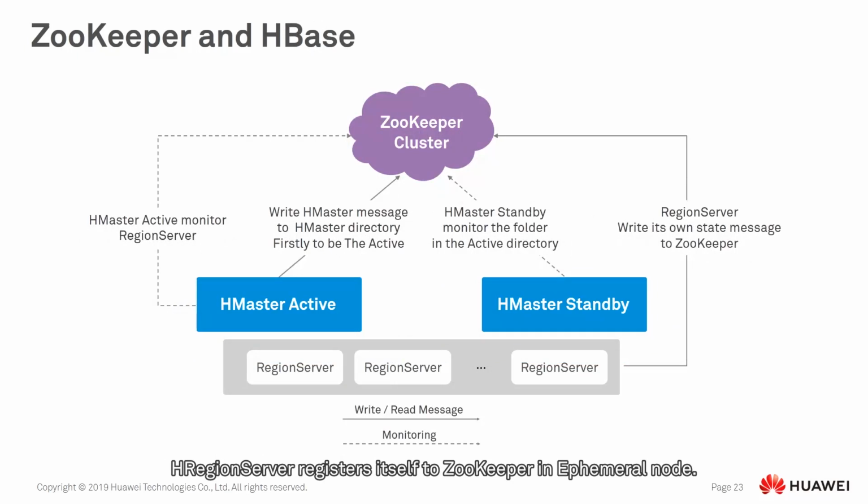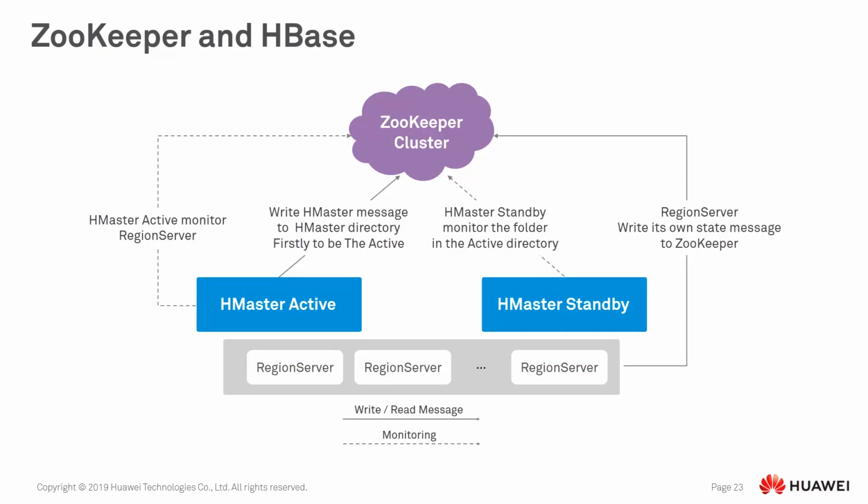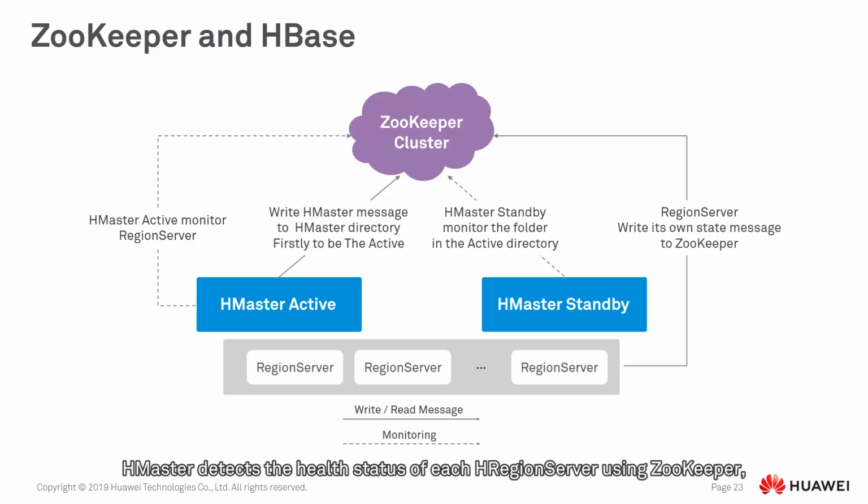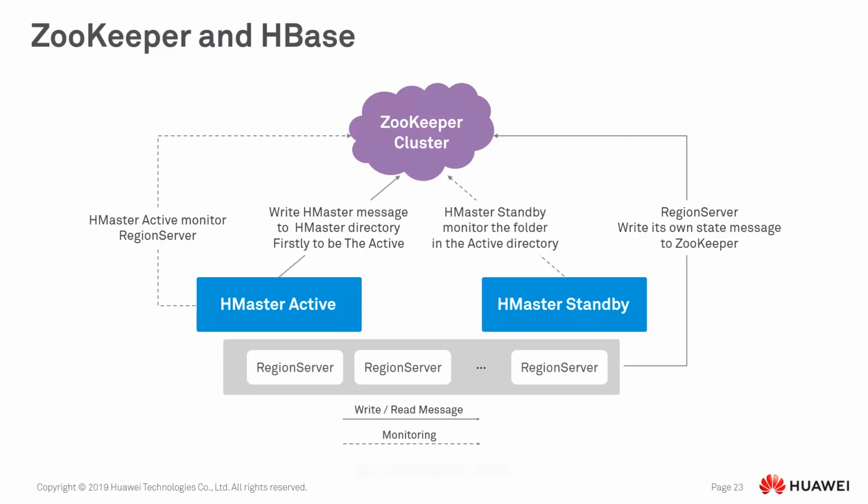Each RegionServer registers itself to ZooKeeper as an ephemeral node. ZooKeeper stores the HBase information, including the HBase metadata and HBase address. HMaster detects the health status of each RegionServer using ZooKeeper and monitors them.